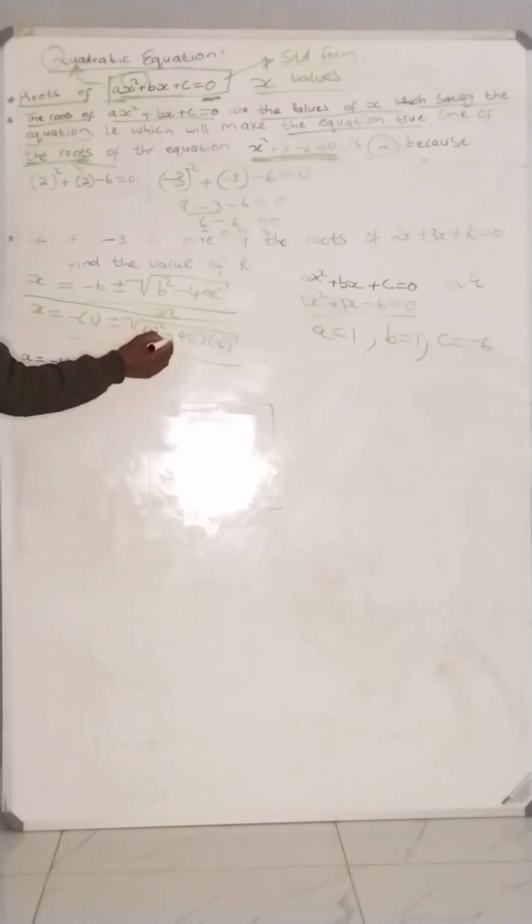And then because you have a negative here and a negative there, negative times negative will be positive. 4 times 6 will be 24. Okay, all over 2 times 1, 2.